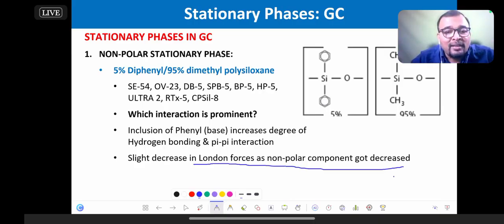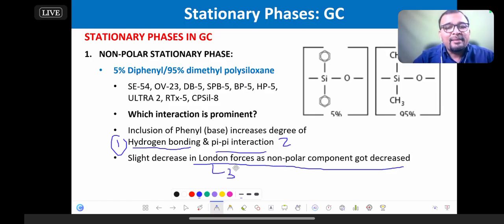So altogether, how many interactions are possible because of the diphenyl ring now? Hydrogen bonding 1, followed by pi-pi interaction 2, and London dispersion force. So there are 3 possible interactions.